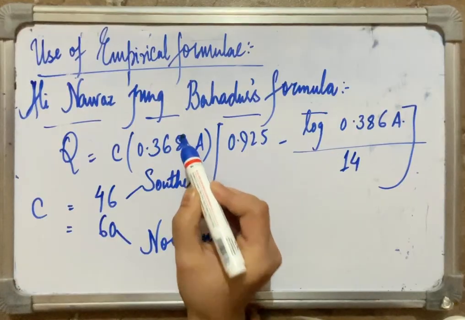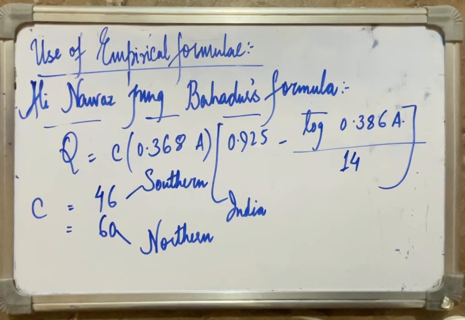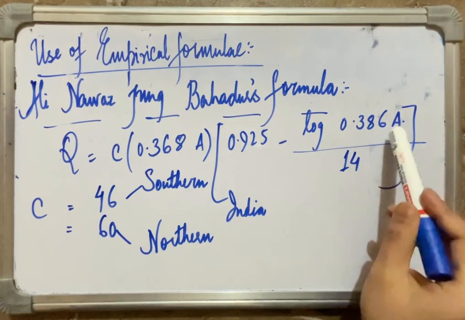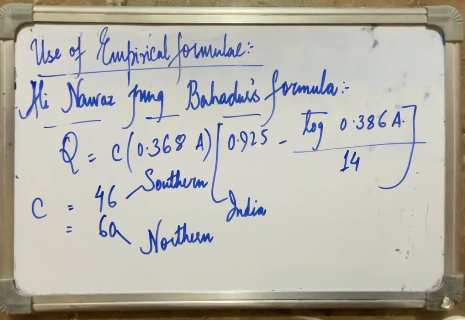All right, so this is the next empirical formula for determination of the maximum flood discharges. The hydrologist who developed this formula is Ali Nawaz Jang Bahadur, and this involves a logarithmic function of the area as the exponent.